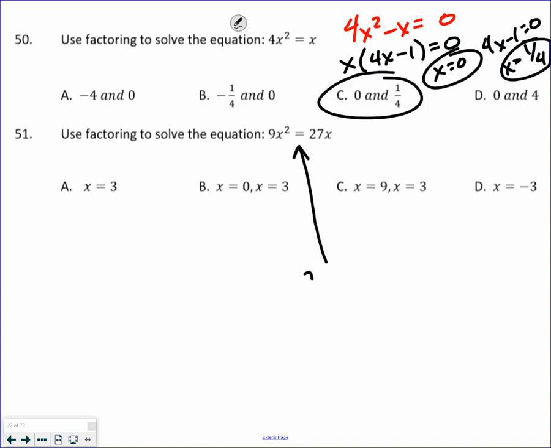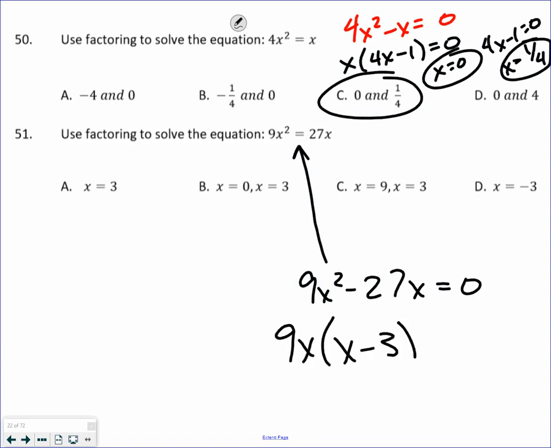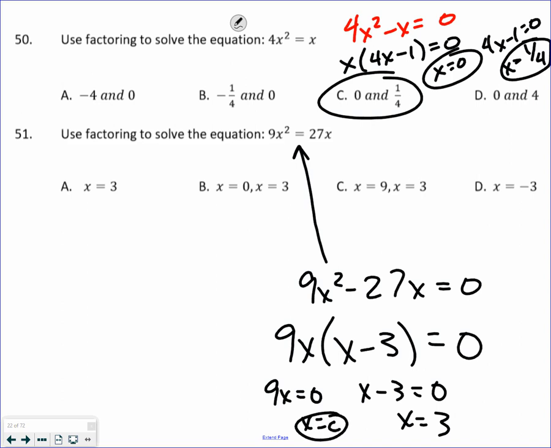So the next one, let's do the same thing now. Let's see how we do. I can take a 9x out of both. So 9x equals 0, x minus 3 equals 0, and I solve both. So I get x to equal 0 and x to equal 3.